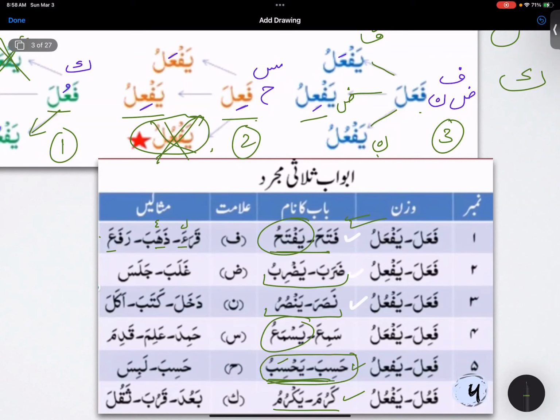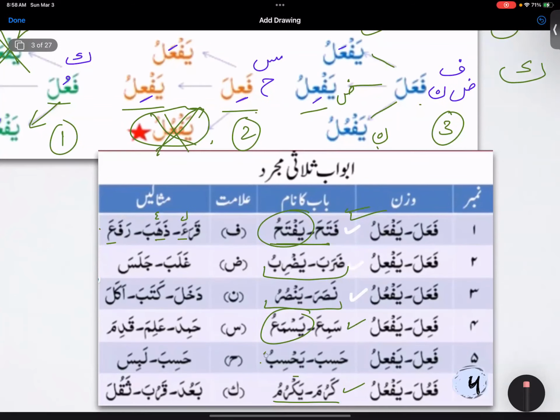So Hasiba itself belongs to Sami'a and Hasiba, so it is basically belonging to both families, both clans. And that happens in the Quran: one word can be from two clans. That is basically happening with Hasiba. Then we have Karuma Yakrumu, and examples are Ba'uda, Qaruba, and Thaqula.